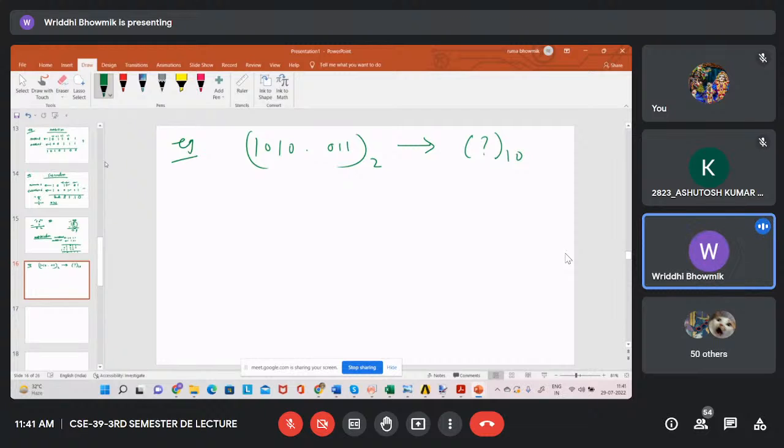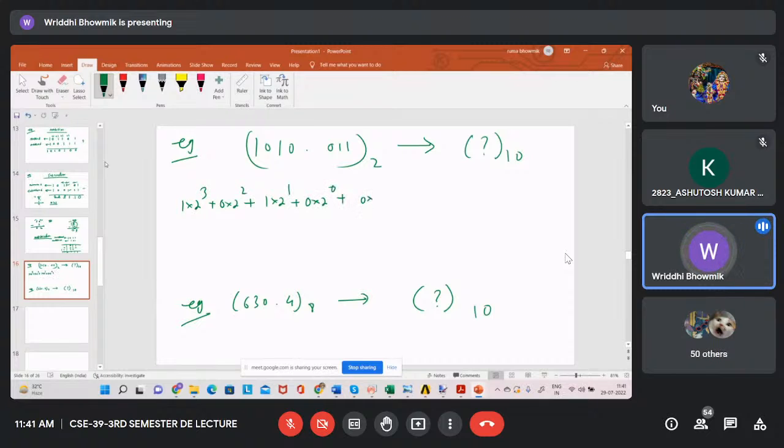What is the methodology? You have 1 into 2 cube because it is the third position, plus 0 into 2 square, plus 1 into 2 to the power 1, plus 0 into 2 to the power 0, plus 0 into 2 to the power minus 1, plus 1 into 2 to the power minus 2, plus 1 into 2 to the power minus 3.